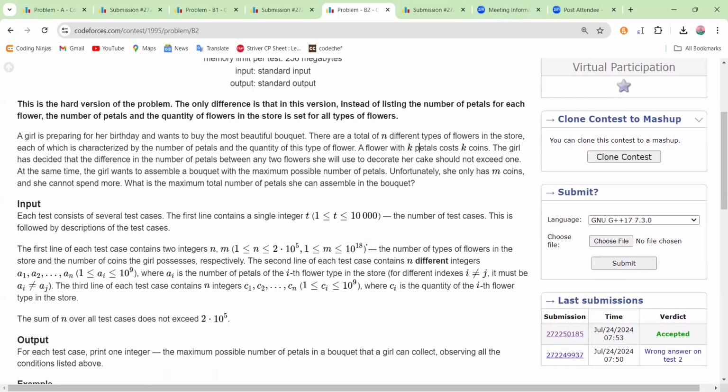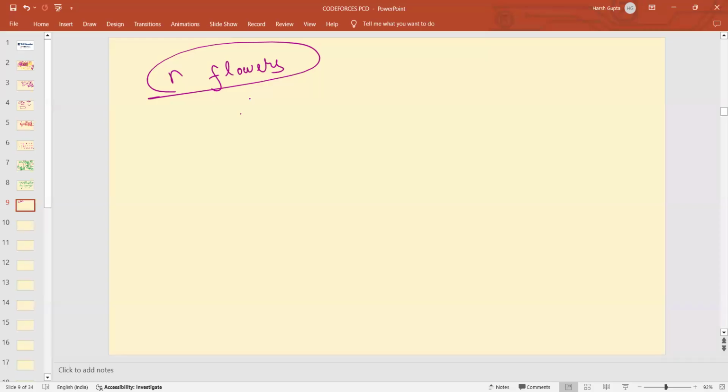You are given how many petals a flower contains. Let's suppose there is a flower that is containing 5 petals, and you are given that how many such flowers exist. So let's suppose you have 10 flowers of this type that is containing 5 petals. Then let's suppose there is a flower that is containing 6 petals, and there are two flowers such like this that is containing 6 petals, and so on.